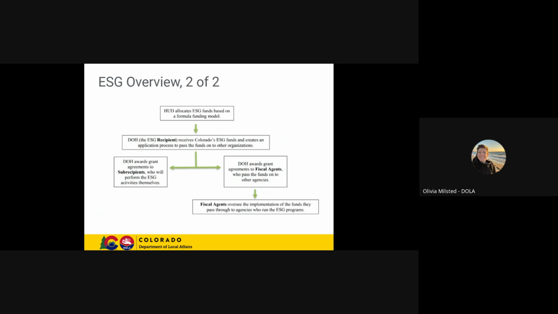So we receive funding from HUD. And then through a competitive application process, we pass these funds on to subrecipients. And those subrecipients may be the agencies who are directly supporting folks experiencing or at risk of homelessness, or those agencies may serve as a fiscal agent who then pass these funds on to subrecipients. And they provide support to the subrecipients who are working on the ground to serve and support folks experiencing homelessness.